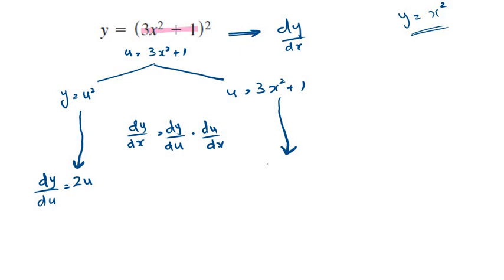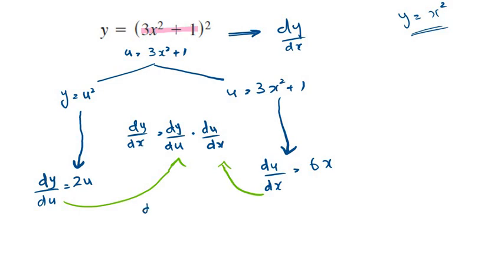Then here, if we do du over dx, we get 6x. Then we substitute this part and this part to get dy over dx again.